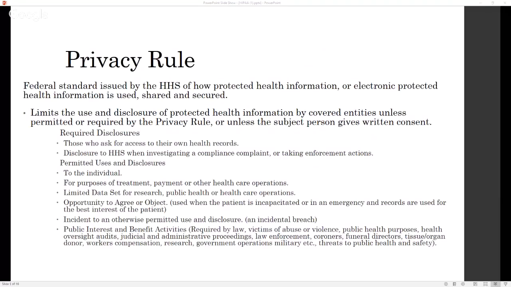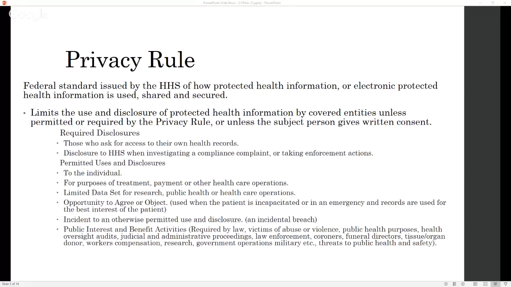Required disclosures are if you ask for your health record, they have to show it to you or give you a copy of it, and disclosures to Health and Human Services when investigating complaints or enforcement actions. Permitted uses and disclosures include, like I said before, to the individual, the uses of treatment, payment, and healthcare operations, and research.